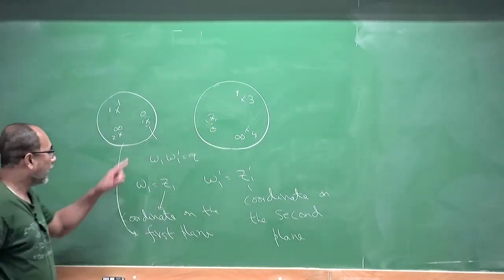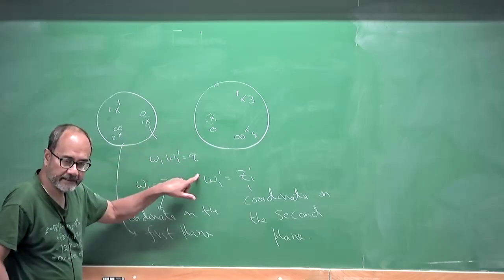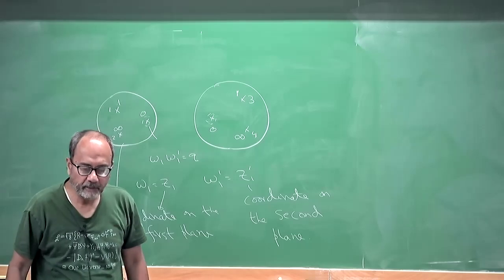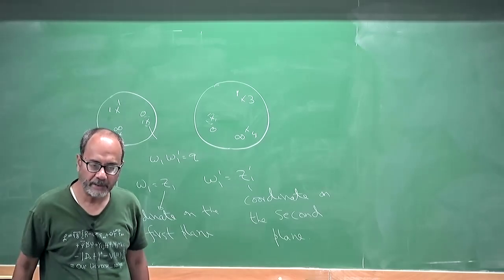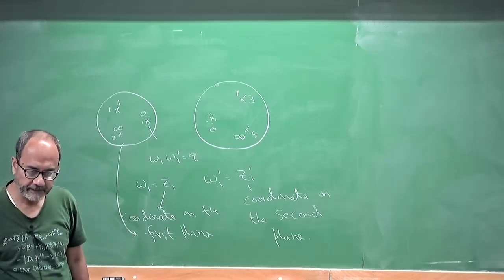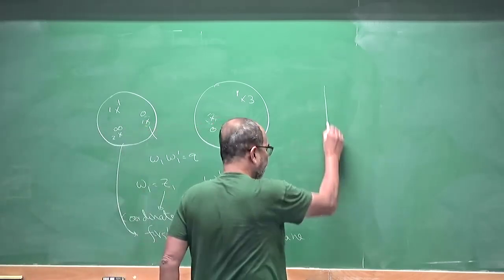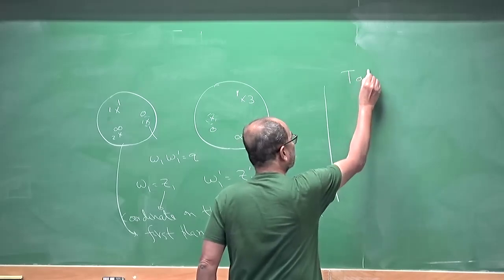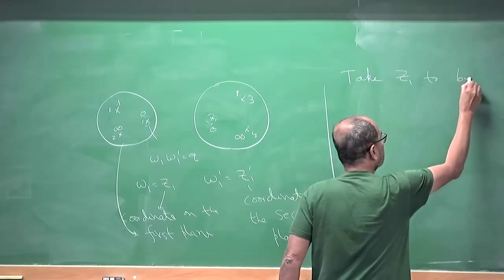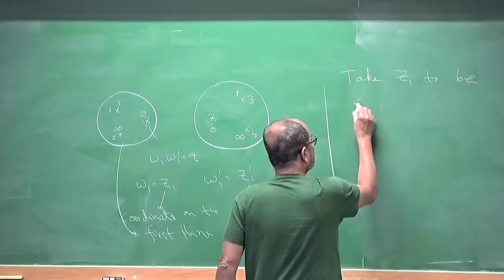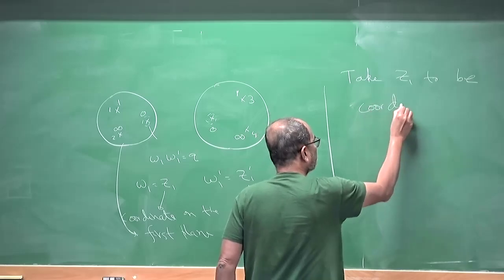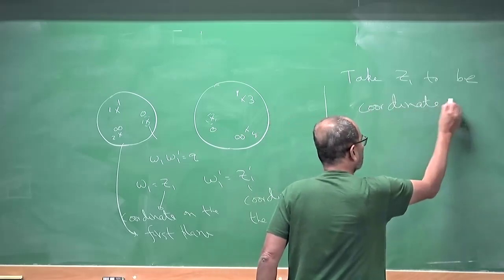After you have identified this, there is only one object, right? And we can use either Z1 or Z1 prime to label that sphere. So let's choose Z1 to be the coordinate on the final sphere.